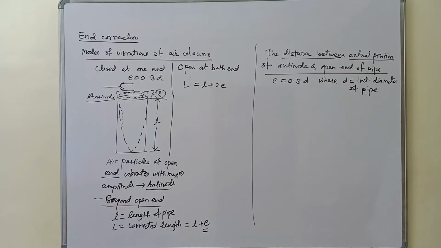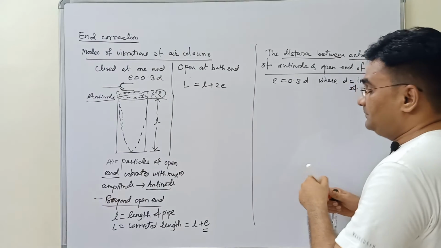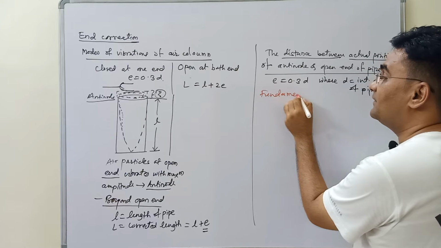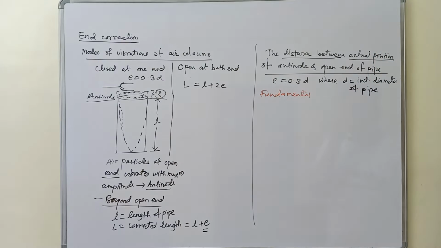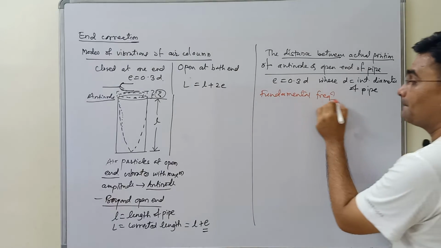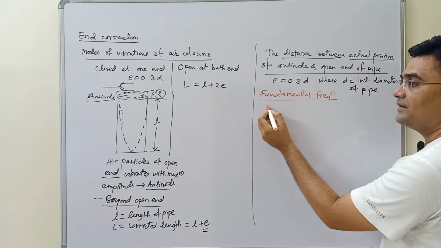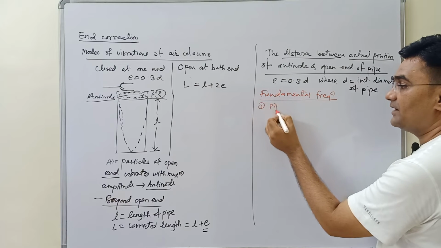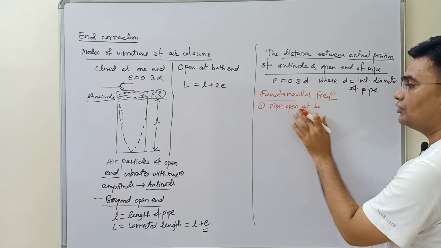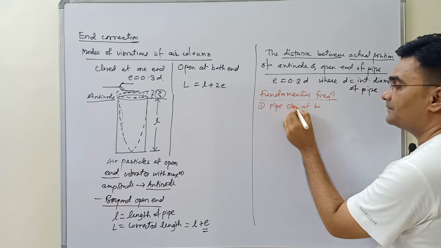We can demonstrate the end correction using methods we learned in a previous video about the fundamental frequency. What was the fundamental frequency of a pipe closed at one end?